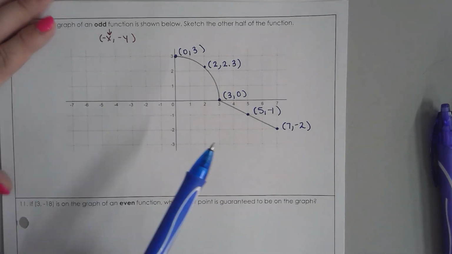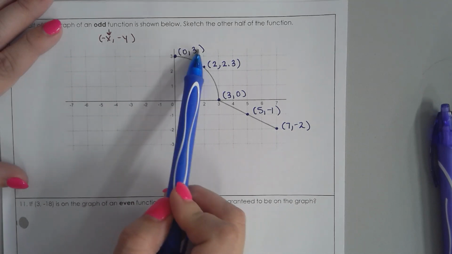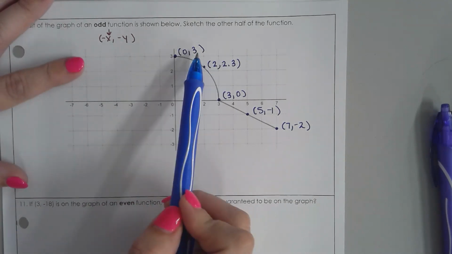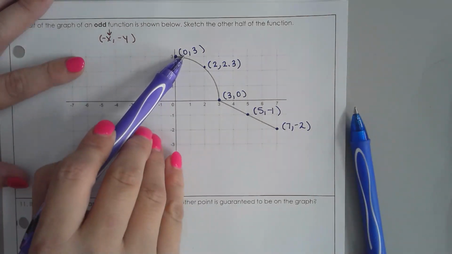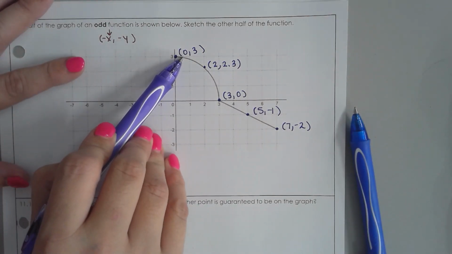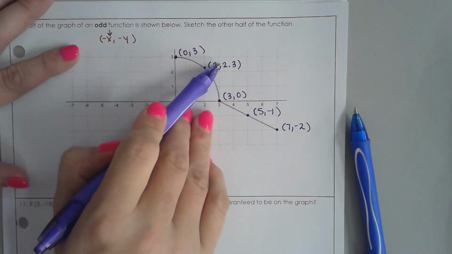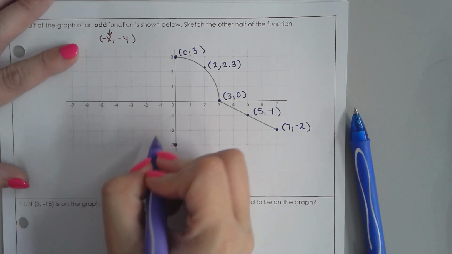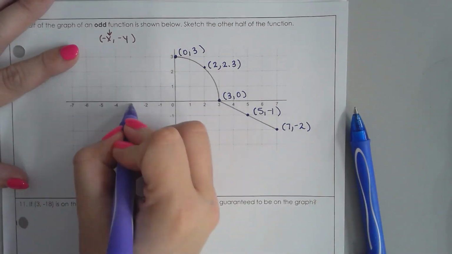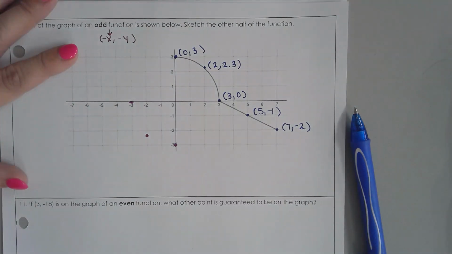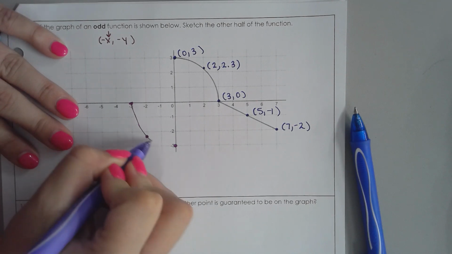If it's an odd function, I should be able to graph these but change both signs. So this would be negative 0, which is just 0, negative 3, negative 2, negative 2.3, negative 3, 0. So that's this curved part.